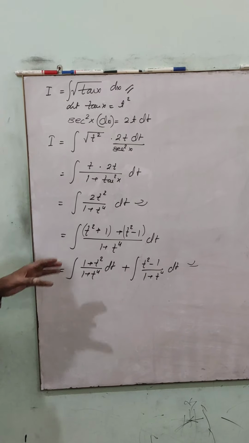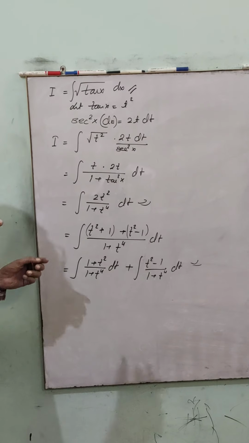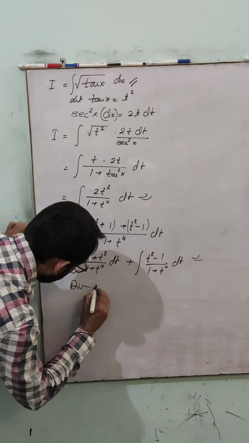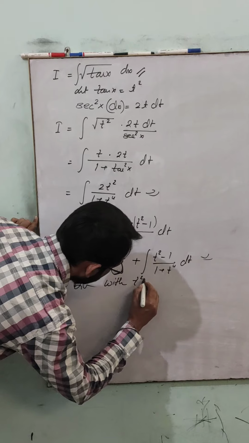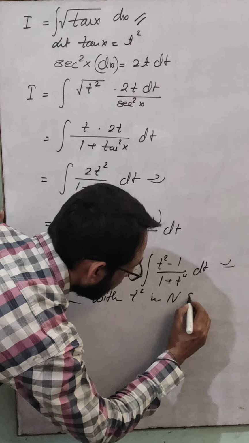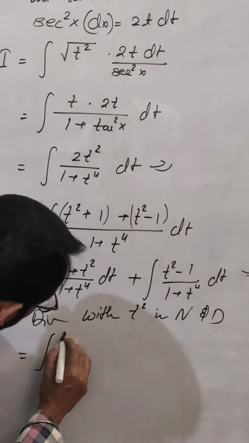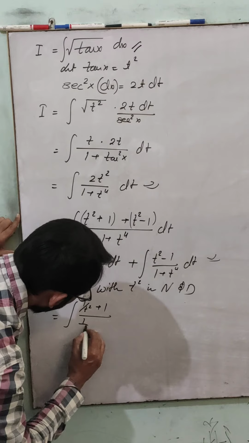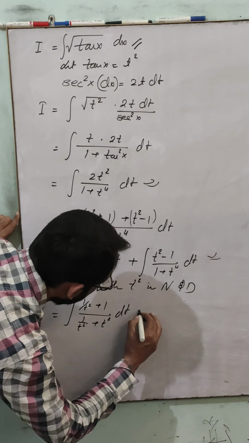So one part I am taking, this is divide numerator and denominator with t square. Numerator and denominator. So it will become integral 1 upon t square plus 1 upon t square plus t square dt.